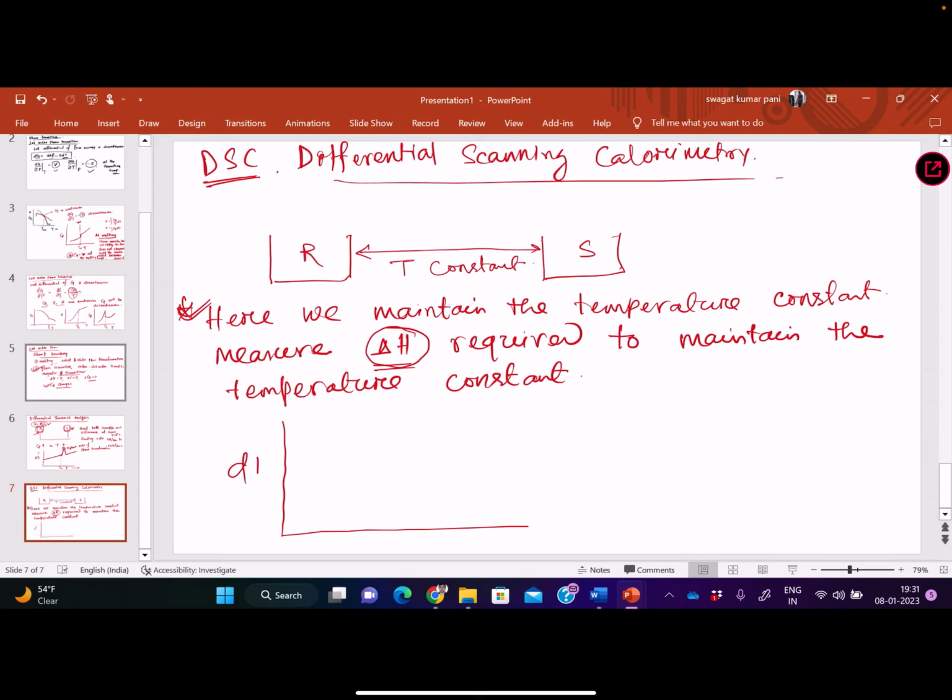In this the plot is dH, the change in enthalpy of both reference and sample, versus temperature. So in this we get a plot like this, the enthalpy goes on constant.